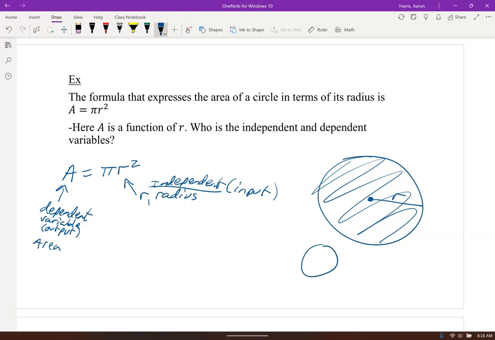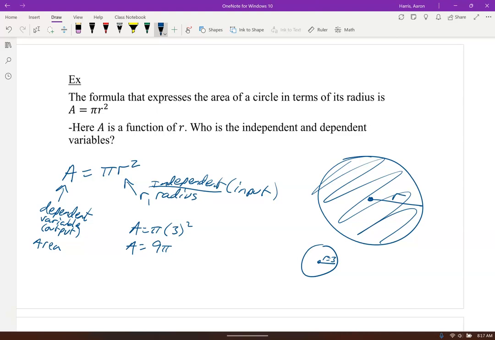Right? So for example, if we have just a little radius of, say, 3 inches, 3 is our radius, then 3 squared is 9 times pi.